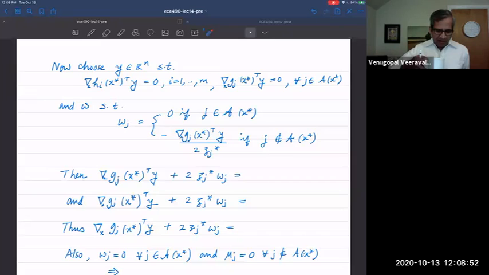And then we'll choose our w, given that y. We'll choose our w such that wj is 0 when j is in the active set, and wj is given by this product divided by 2 times zj star if j is not in the active set. Of course, if j was in the active set, this would be 0. And for those values, we're already setting wj equal to 0.